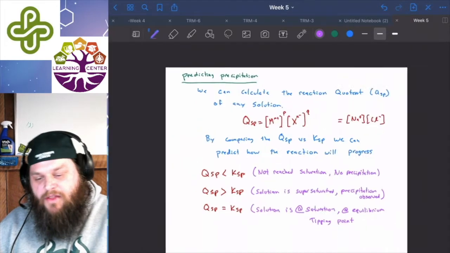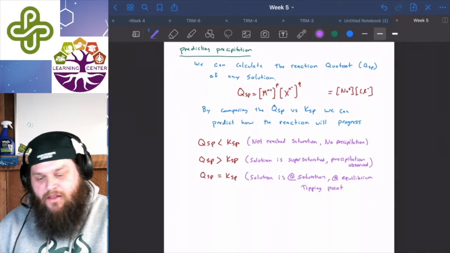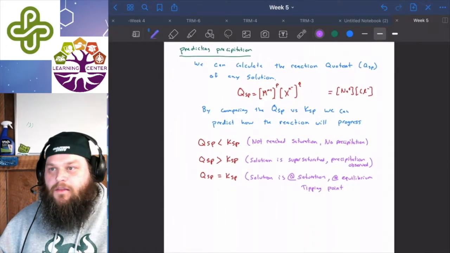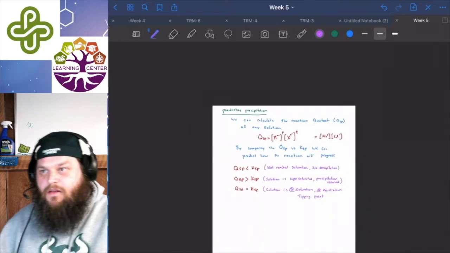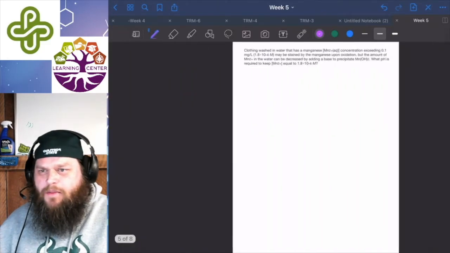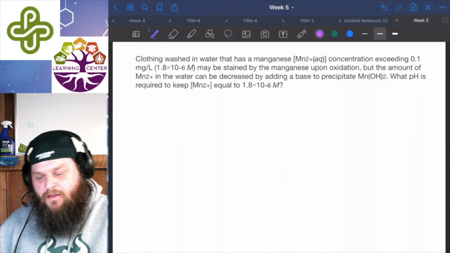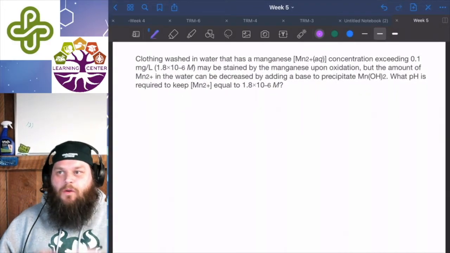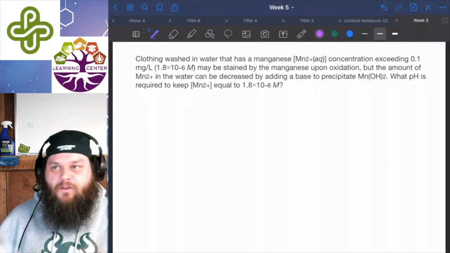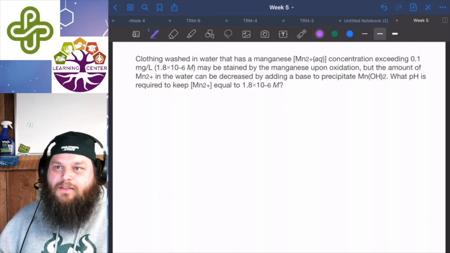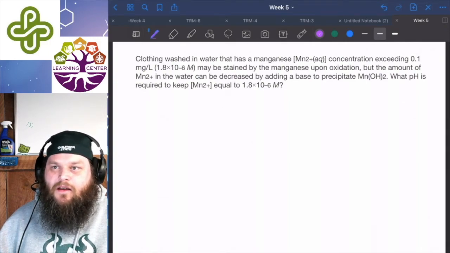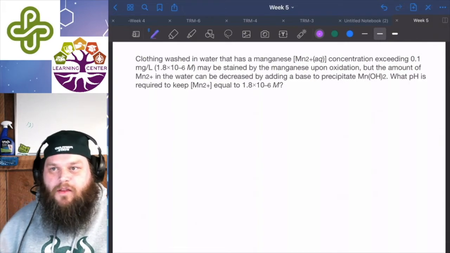So let's try this concept out using the general idea comparing these values for a problem. I guess we're not really going to compare them, but we're going to use that idea here. So here we have clothes that are washed in water, and it has manganese ions in there, which are 2+.